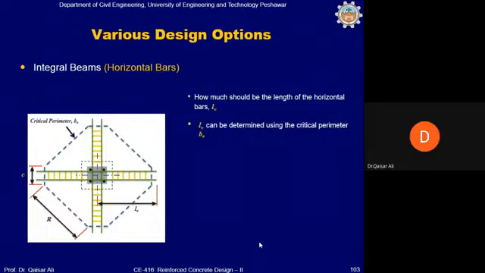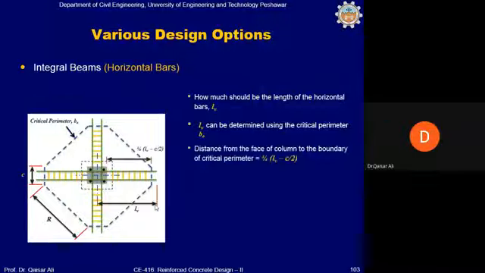Now, how much should be the length of the horizontal bars, Lv? Let's say from the center of the column, if this length is Lv, then how to determine this Lv? Lv can be determined using critical perimeter b naught. According to the ACI code, distance from the face of the column to the boundary of critical perimeter.